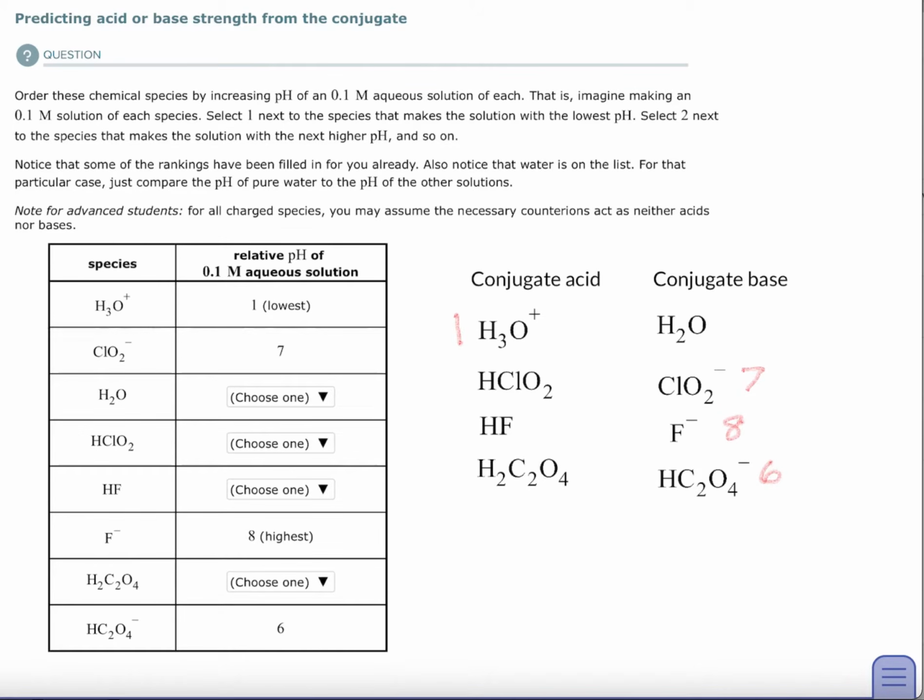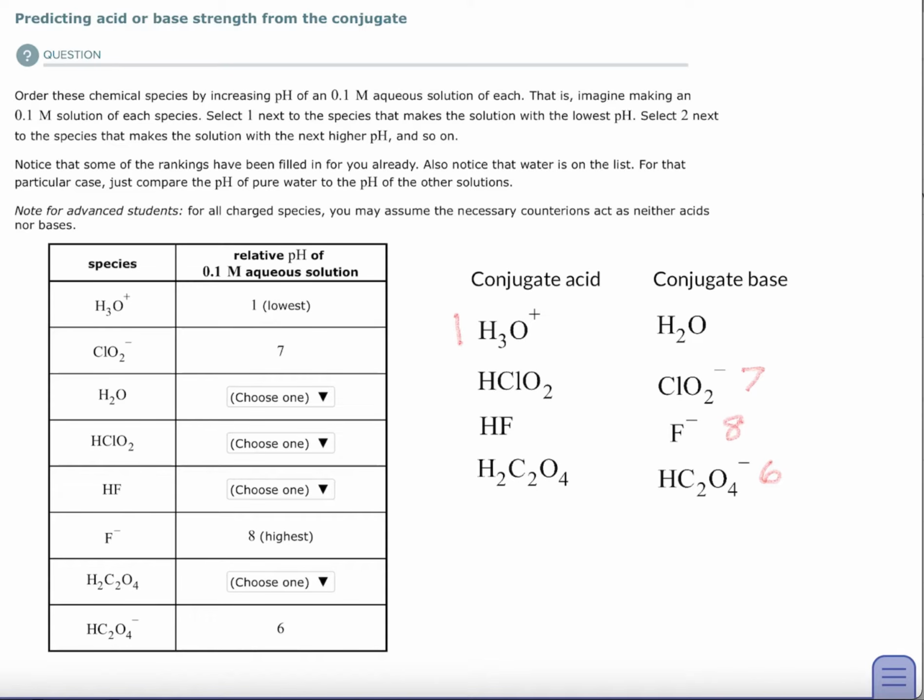Now by weak, I don't mean towards 14, I mean towards 7. So we want the number that is closest to 7. Water is 7, closest to that middle number, and so we want it to be in the middle.